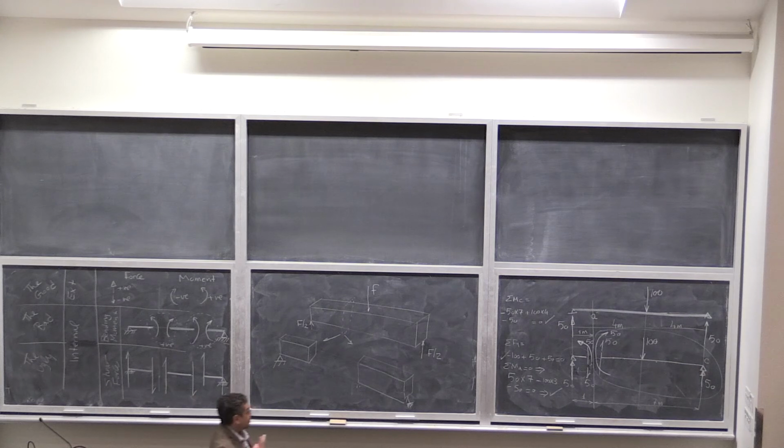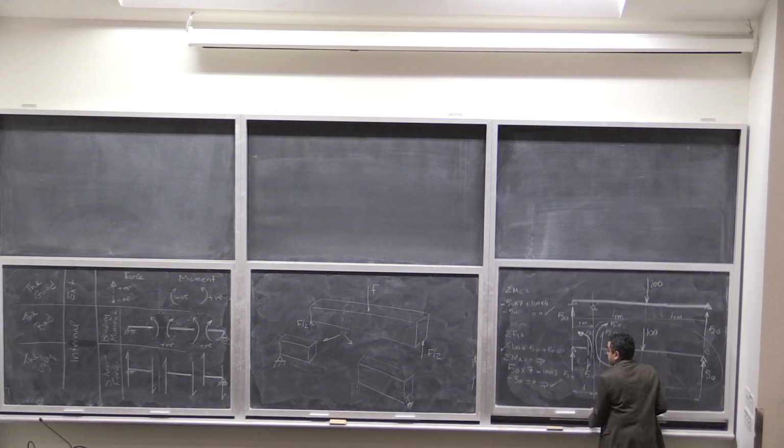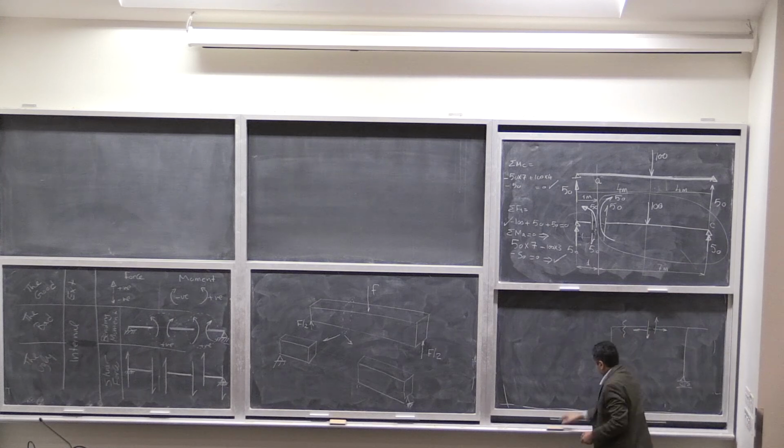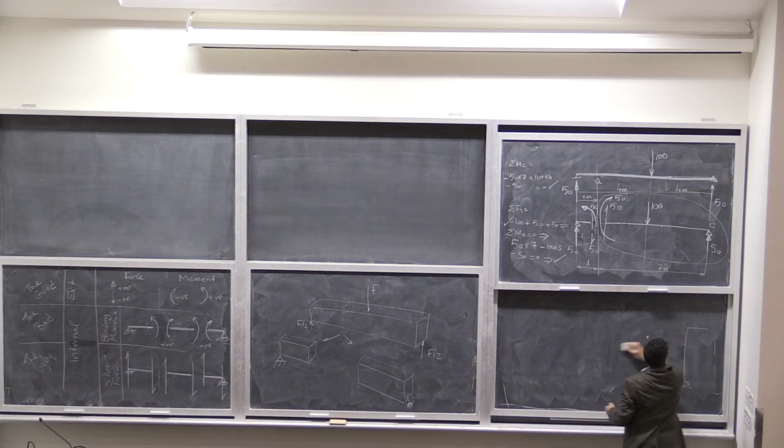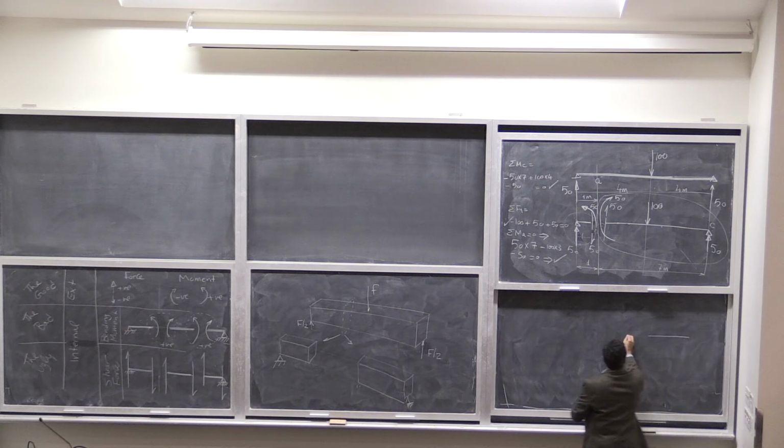Okay? So when I show you this and I say bending moment, you never ask me if this is the positive or this is the negative. What is positive in bending moment is this. This is positive, this is negative.